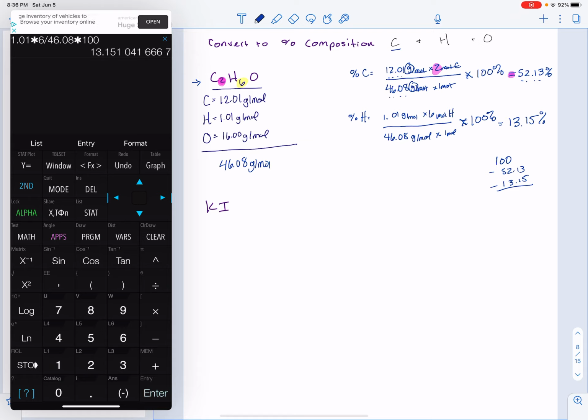I would just make this call about how hard is it to write it out versus going ahead and subtracting it from 100. I'm going to go ahead and subtract them both, 52.13, and that gives me 34.72. Or you could also have filled this part out right here too, identically.